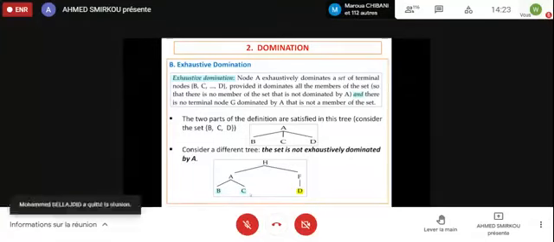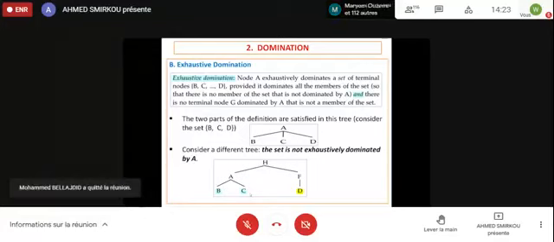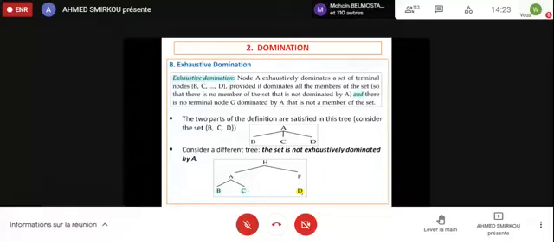So B and C are exhaustively dominated by A, because, similar to this one, both of them have the same mother, A. There is no node which is part of the set and is not dominated by A. So the set B, C is exhaustively dominated by A, but B, C, D is not, because D is not dominated by A.